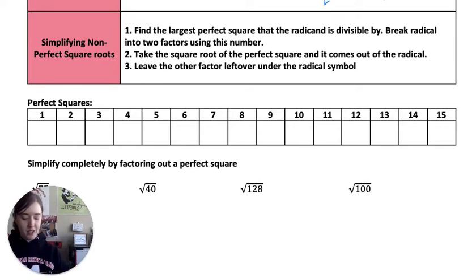So remember, when we square a number, that means we're going to multiply it by itself.